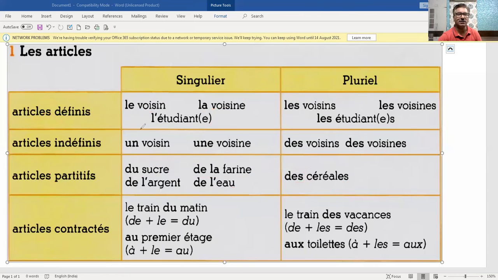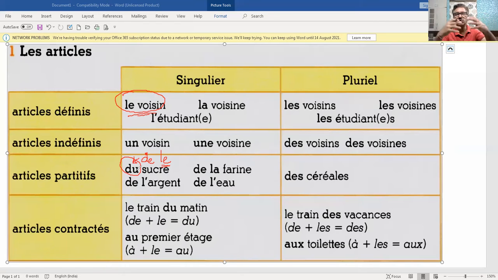What happens here is when we use du, it indicates that it is masculine noun. Sucre is masculine, sugar. And it was the, le for masculine noun. For example, le voisin, we have already studied. So it was de le, but we do not write it de le, we make it du.